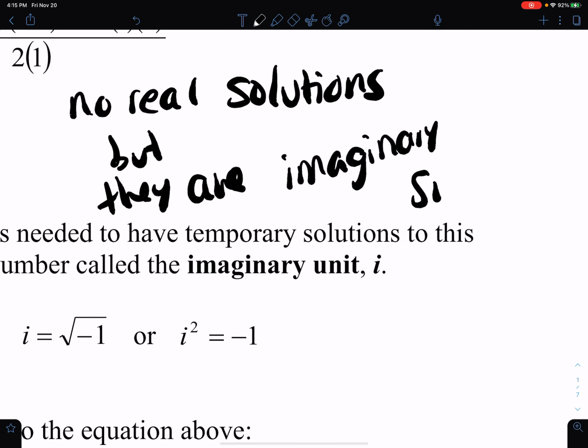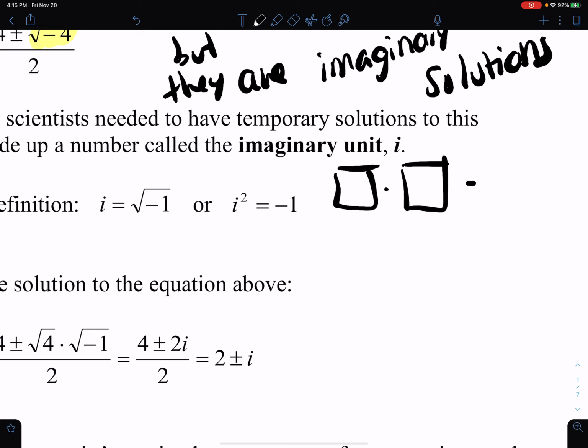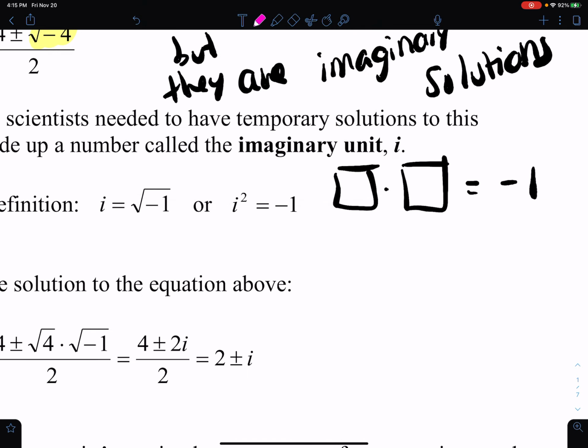So we've figured out conceptually what that has to be. If I want to multiply two things in a row to get negative 1, we had to define what that number was. By definition, it's the square root of negative 1, because the square root of anything times itself just undoes that square. So we had to make this number up.